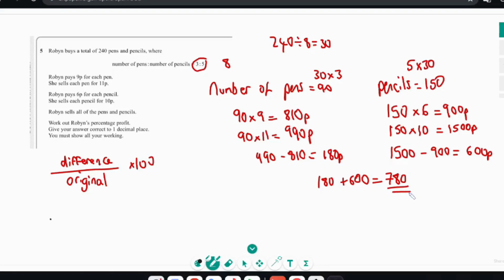That is the difference between the amount she spent on the equipment and the amount of money she brought in. The difference is 780. The original is how much everything cost, so I'm going to add these values together, 810 plus 900. So that's my original, times 100.